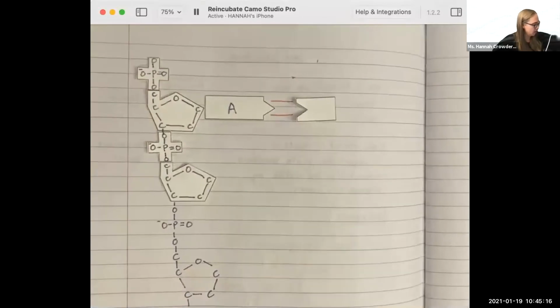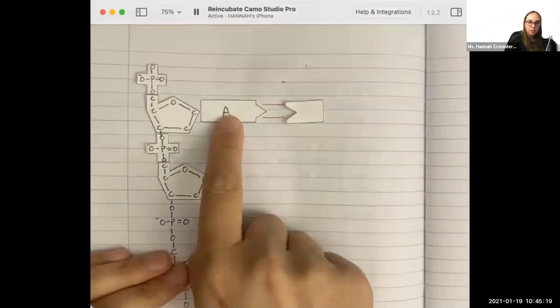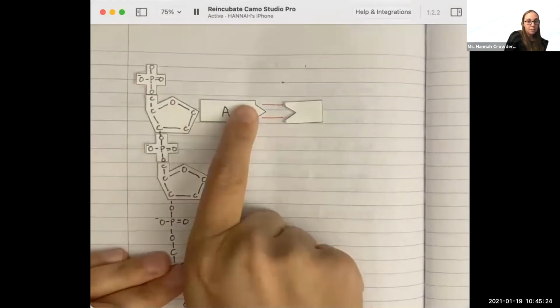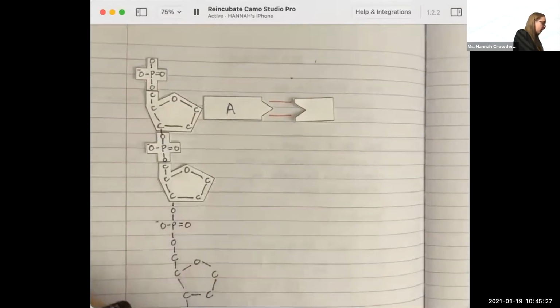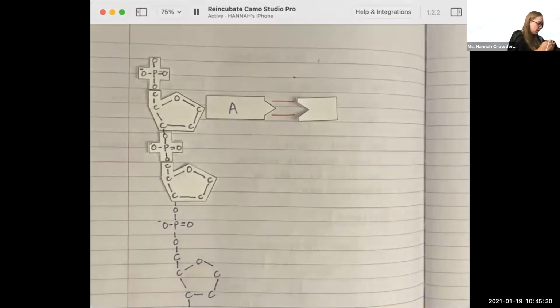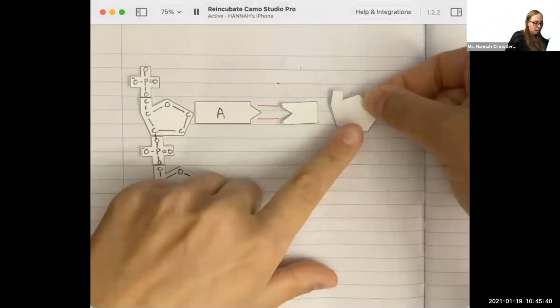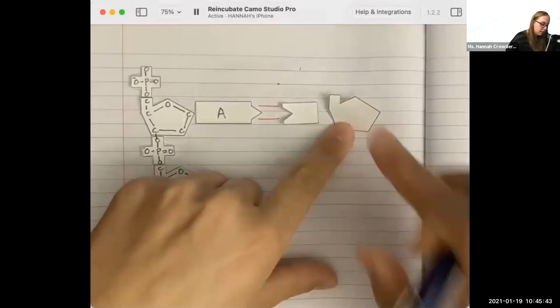Now, my nucleotide is made up of a phosphate, a sugar, and a base. The base is always connected to carbon number 1. So when I get my new sugar here, if I try and put it like this, let's count those carbons.